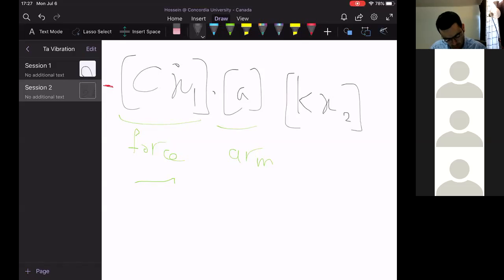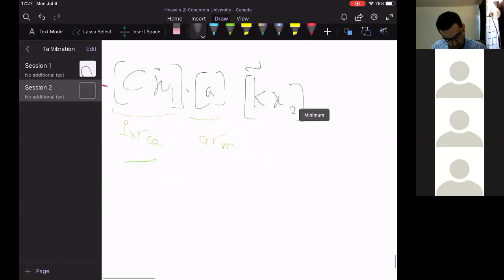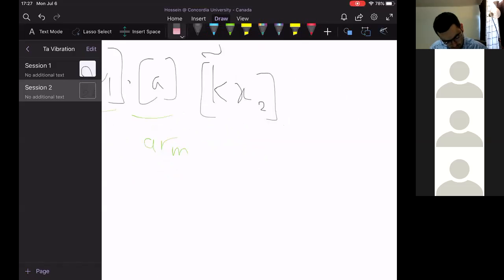The second moment is due to the spring, which has a stiffness force of k x2, multiplied by the related arm. Force times arm, the result is moment, right?